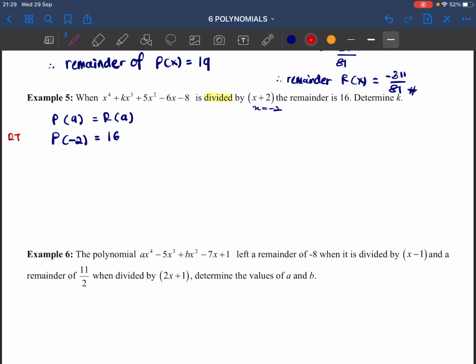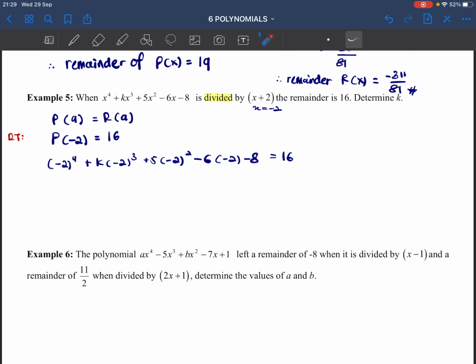This is your remainder theorem. Now what you need to do is just substitute -2 into the polynomial. We will have plus 5(-2)^2 minus 6(-2) minus 8 equals 16. Then just simplify here.